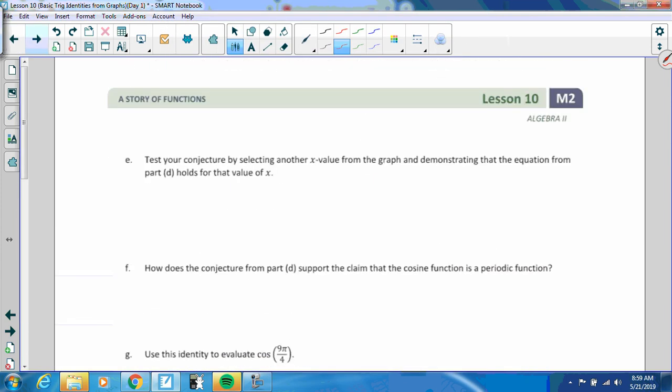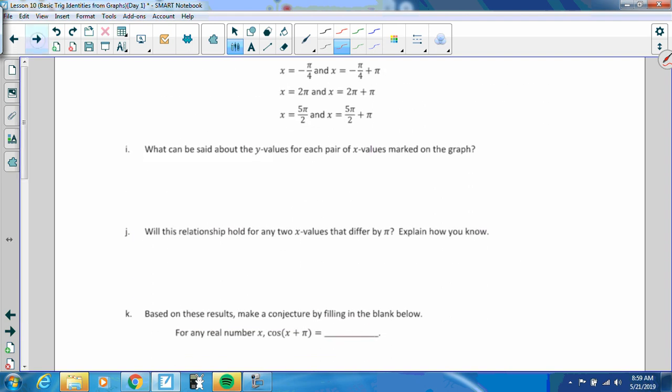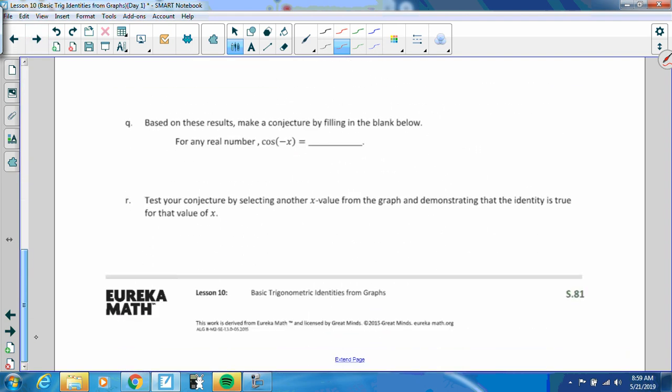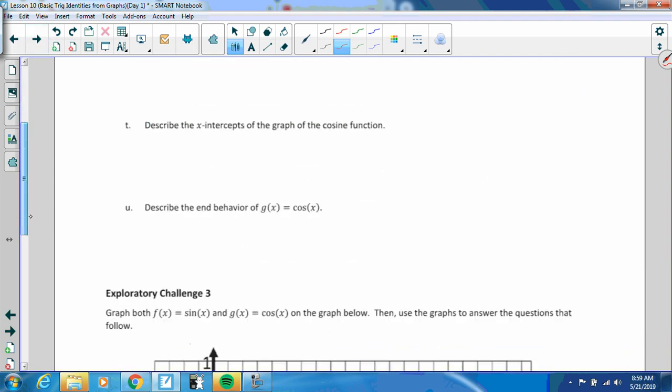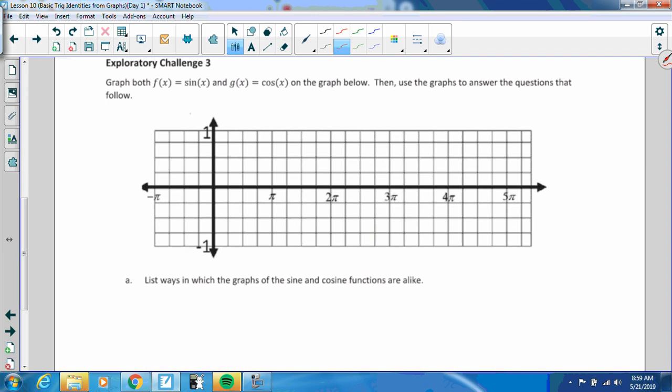There it is. All right, go to Exploratory Challenge 3. Your job is to graph both sine and cosine on the same graph.